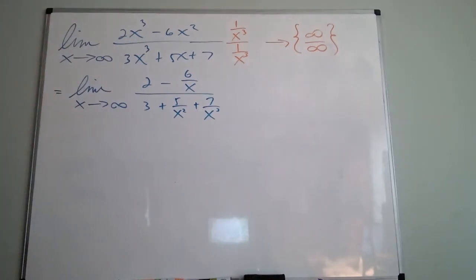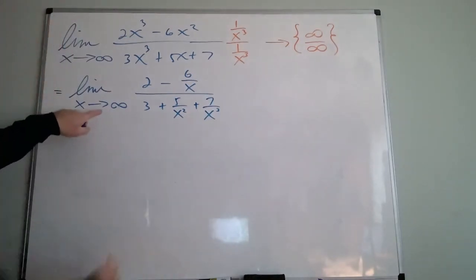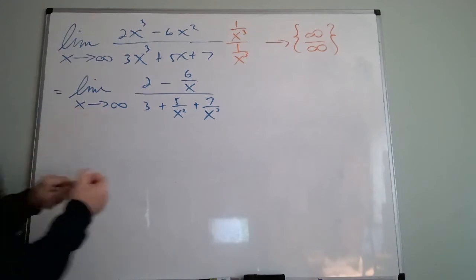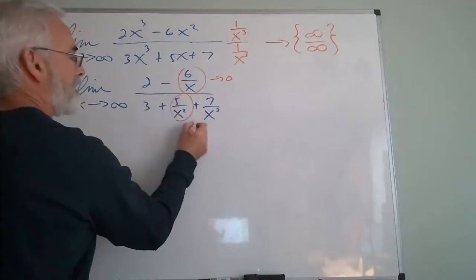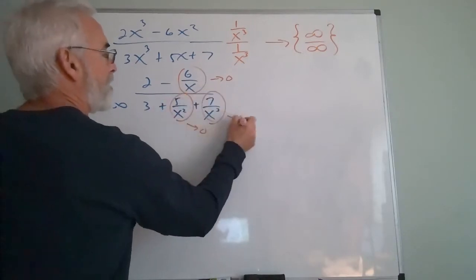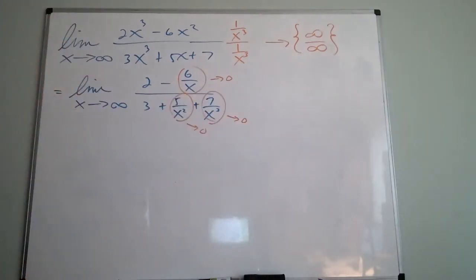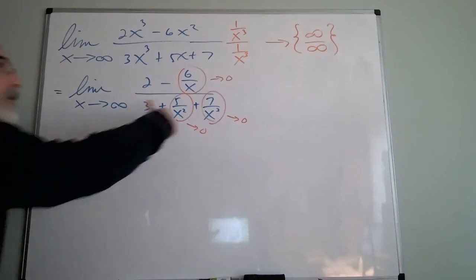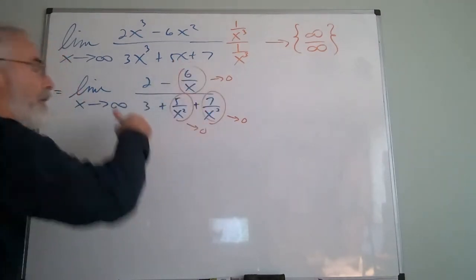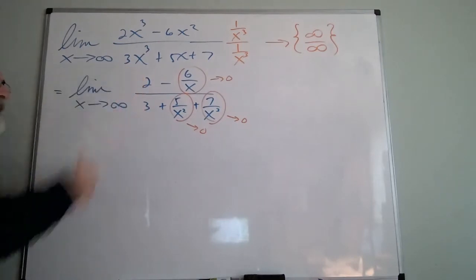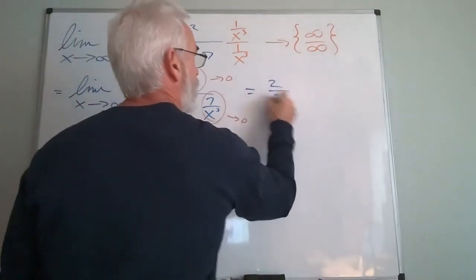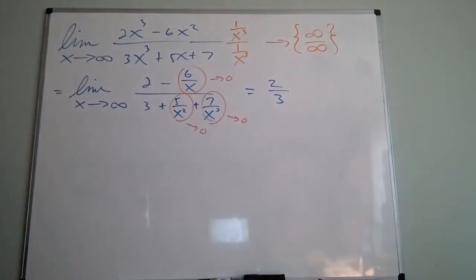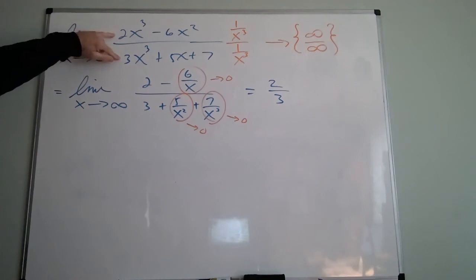Now I have several transient terms, and this is why we love limits to infinity, because all the transient terms are no longer going to be contributing in any conceivable way. As x grows without bound, all of these terms are going to approach 0, and all I have left is a 2 and a 3. So that means my answer is 2/3. And do notice that 2 and 3 are the lead coefficients here.